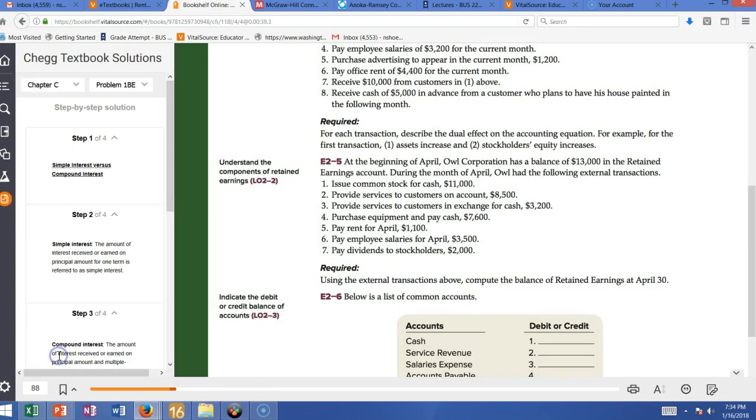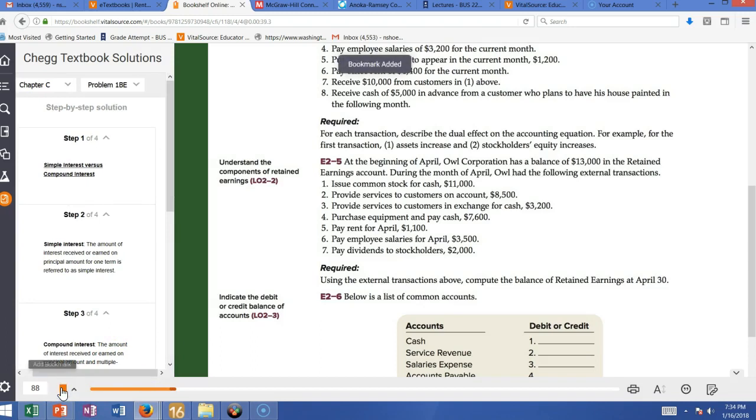So, the first transaction, wish I could get this stuff off of here. No, I didn't want it. I want to get this thing off. This is the stuff that's frustrating.